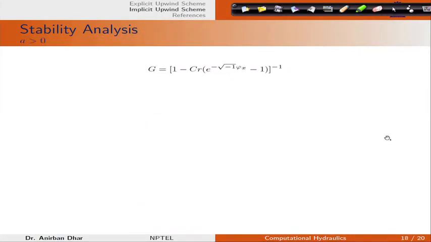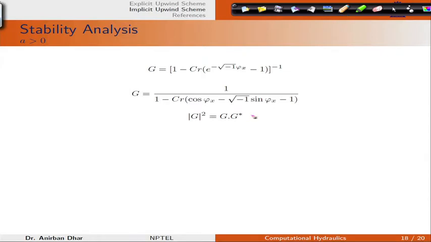In this case, considering a greater than 0, we can write like this, and with this we need to evaluate the G square.